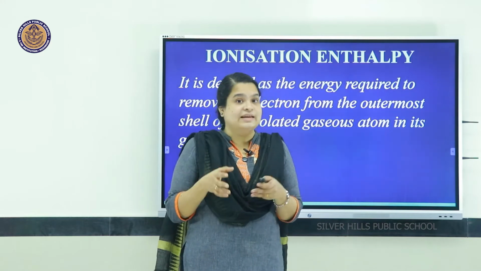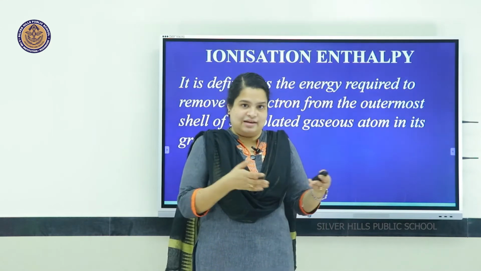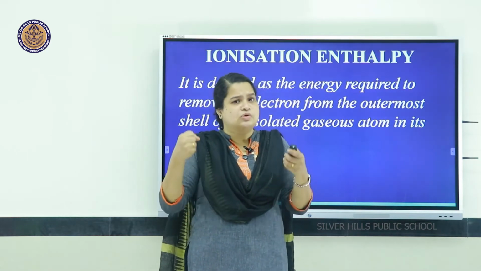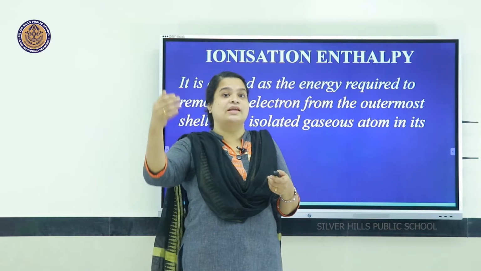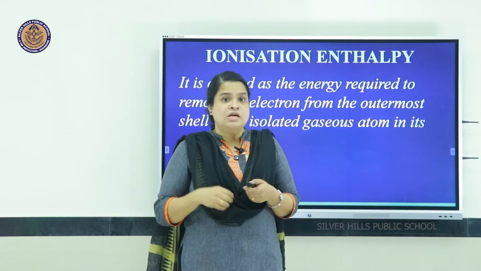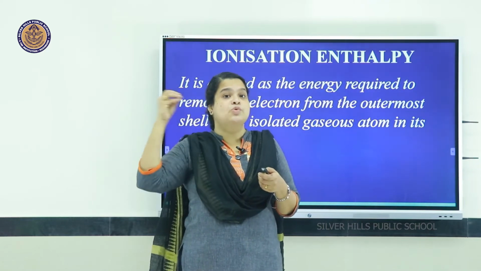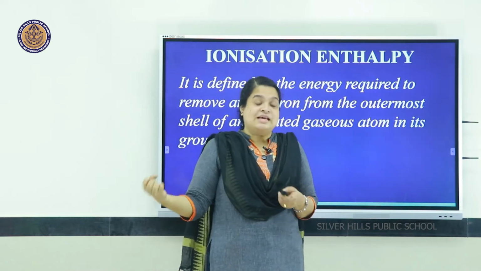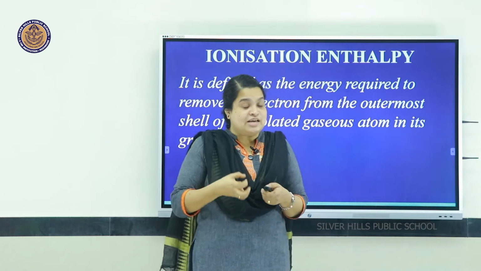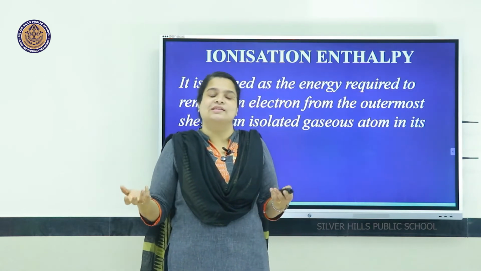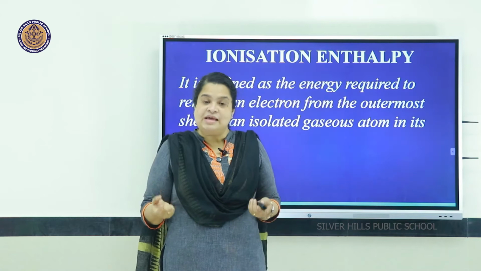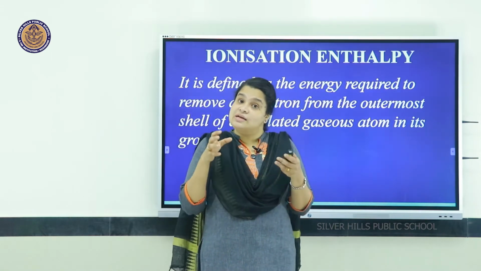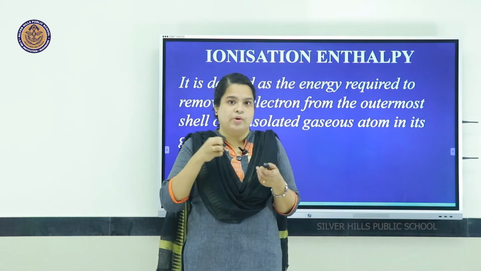Like that, inside an atom we have the nucleus. In the class we have the teacher, in the atom we have the nucleus. The nucleus has good control over the electrons in the outermost shell. So, if an electron needs to move out, we need certain energy to take that electron. That energy needed to take the electron is called the ionization enthalpy. The word enthalpy means energy change. Now, the classroom is smaller in size, so you need more energy.